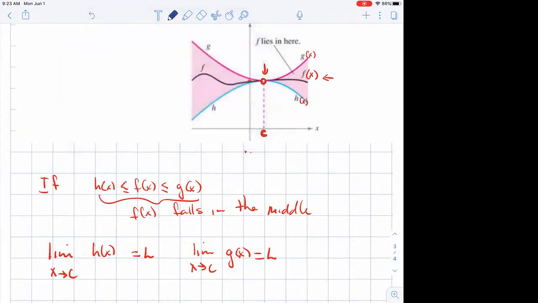Suppose c was here, then the limit of h would be different from the limit of g, which will be different from the limit of f, although they're at the same point. So we're looking at some specific value for c, where the height of all of the graphs is the same. That's what we're really looking at.